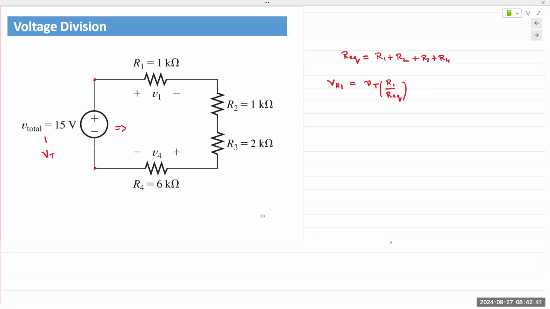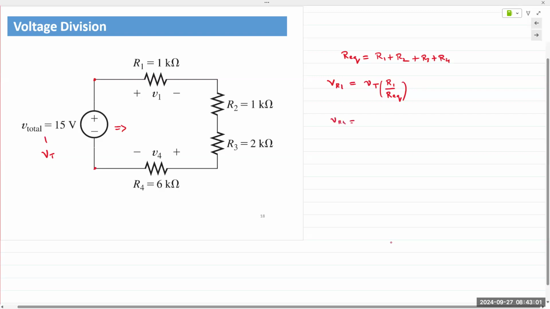I hope this rings a bell, right? The reason we go over this is because when we actually get to the circuits and we perform analysis, you'd have to do this quickly and efficiently and more importantly, correctly. Okay. So VR4 in that same sense would be V total times R4 over Req.